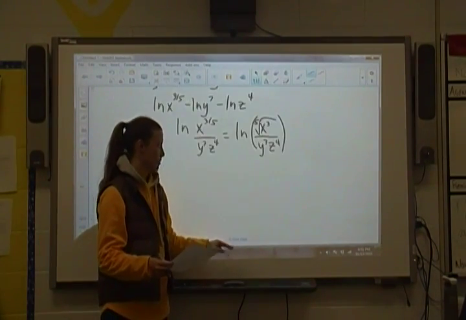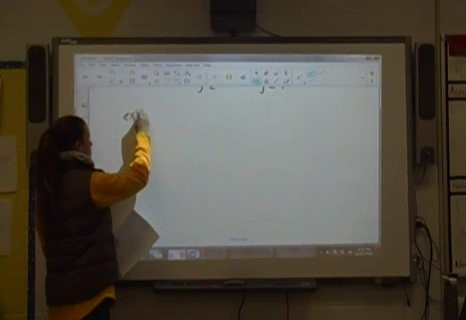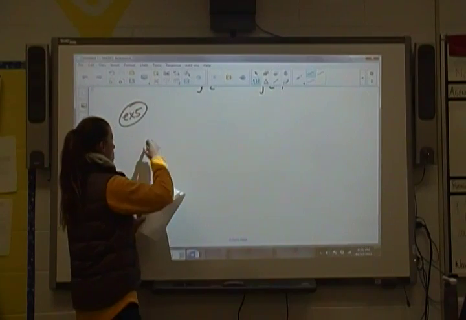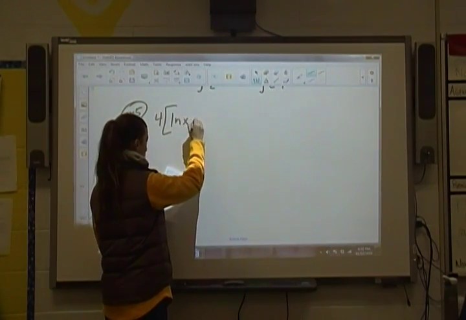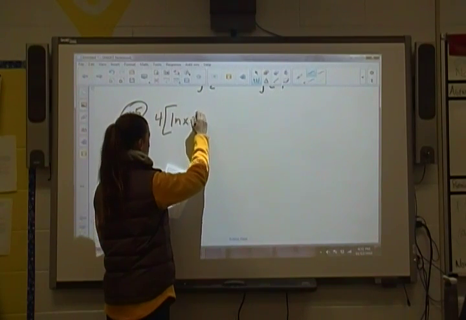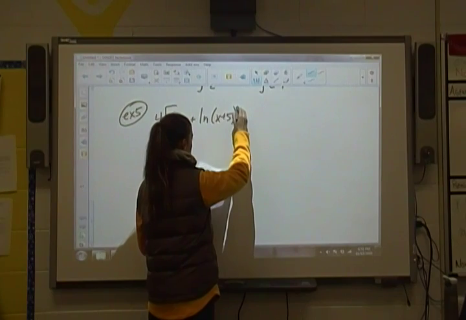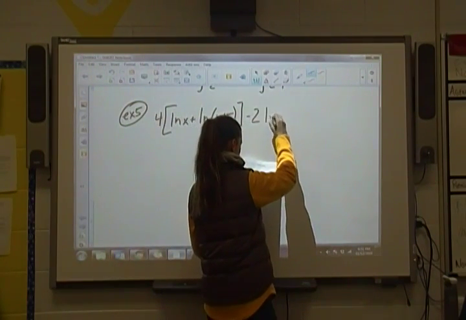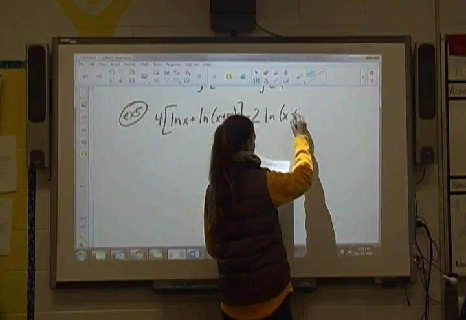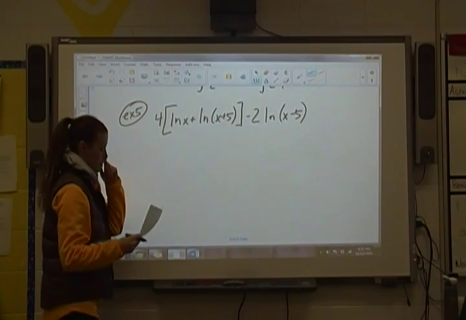Let's do one more crazy one. All right, example 5 here. We've got a 4 way out in front, natural log of x plus natural log of (x plus 5), close the bracket there, minus 2 natural log of (x minus 5). All right.